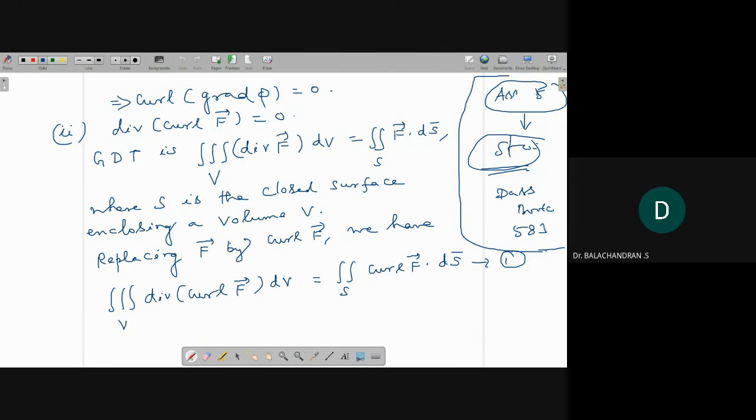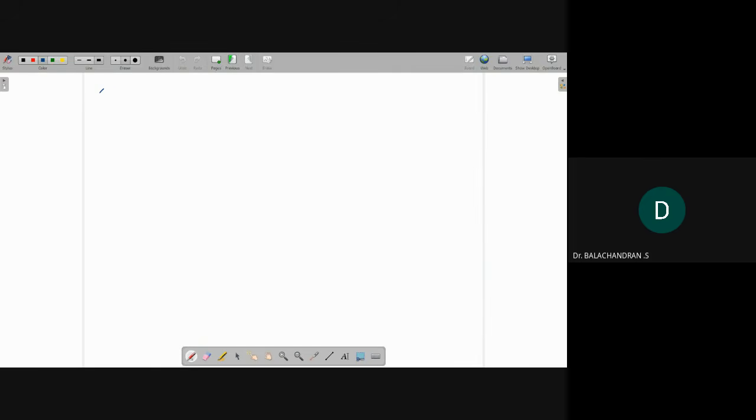So how? The surface integral in 1 appears to be the same as that in Stokes theorem.